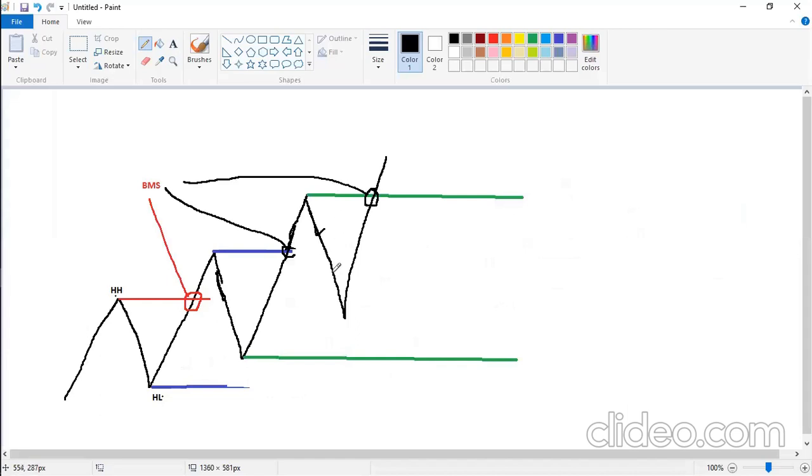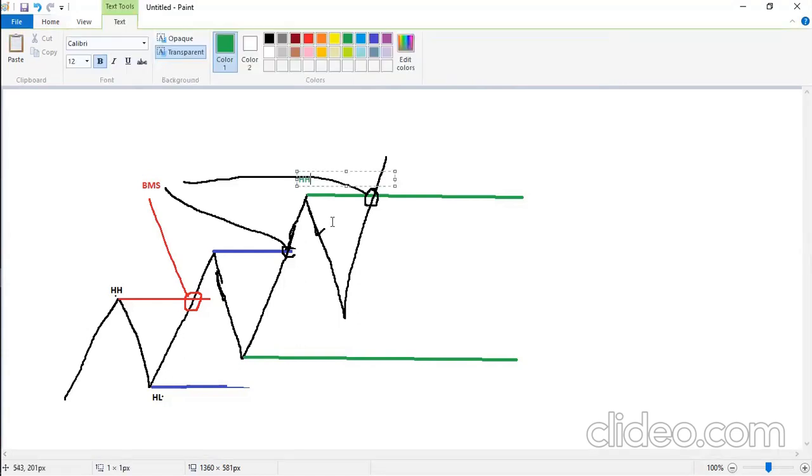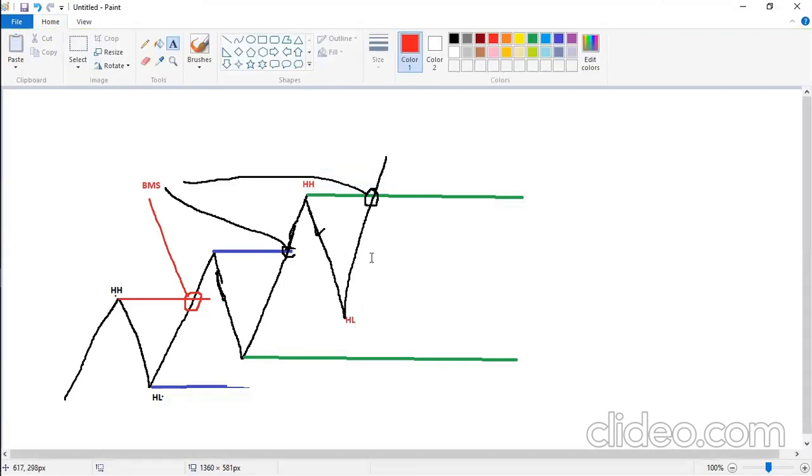So as long as price is moving up, this was the higher high, the new higher high here. Higher high, higher low. This is the BMS.